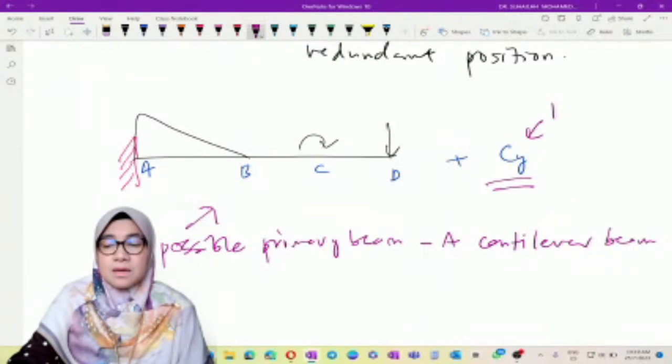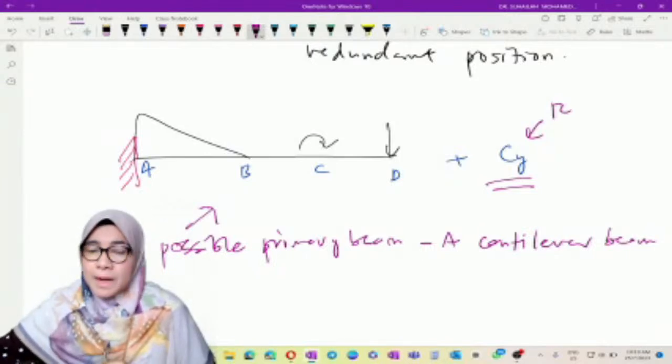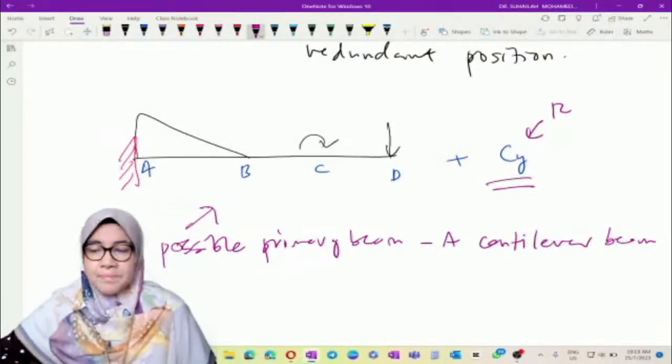The diagram of the primary beam is like this. It is a cantilever beam subjected to all external loading.